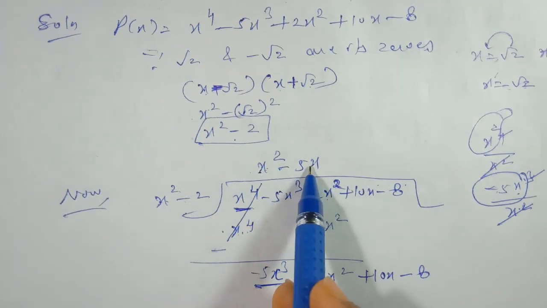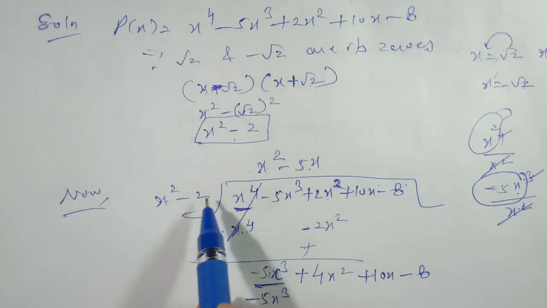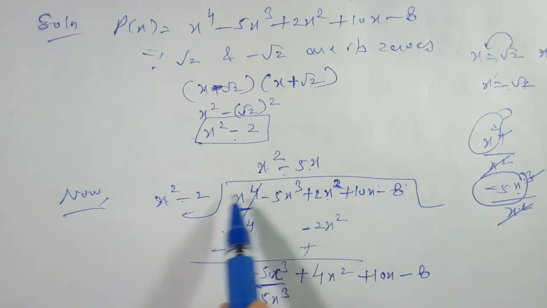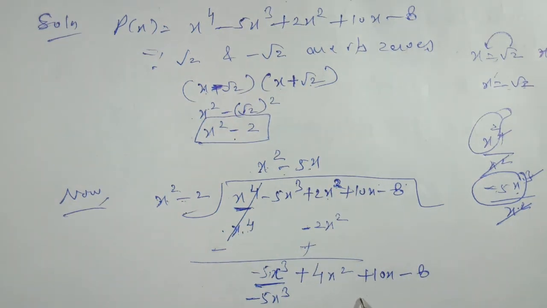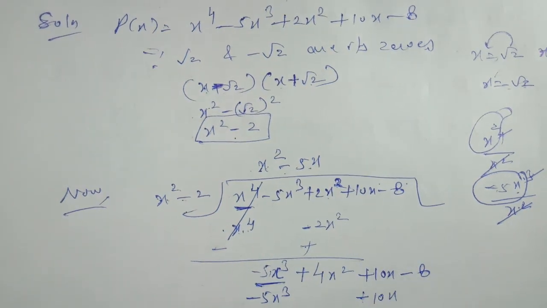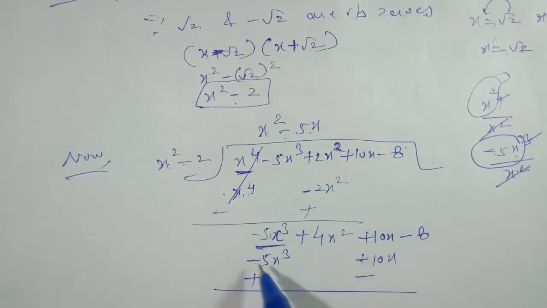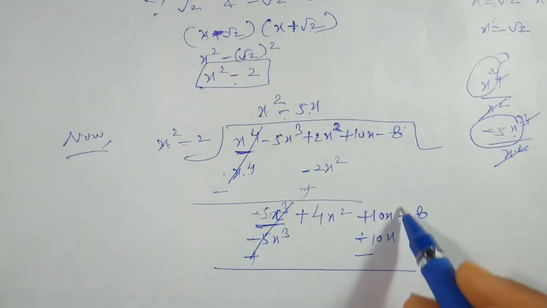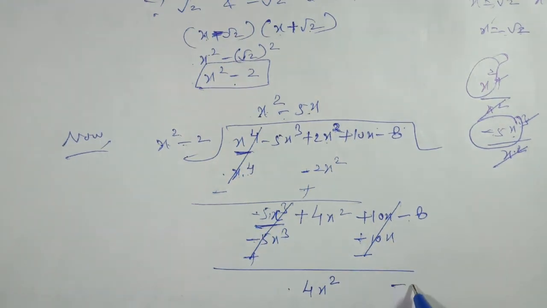Multiplied by both of them, we get the same term, minus 5x cube, minus minus plus 2 into 5, 10, 10x. The x term we have, so here it will be plus 10x. Change the sign. This is negative, positive; this is positive, so negative. Plus minus minus, both are the same, cancel. Plus minus minus, both are the same, so they will be cancelled. Now what is left? Plus 4x square, no need to write its sign, and minus 8.